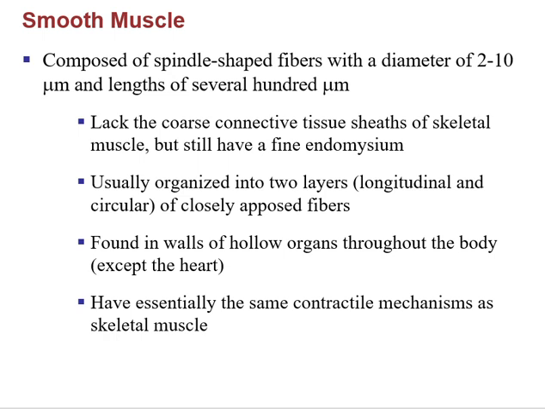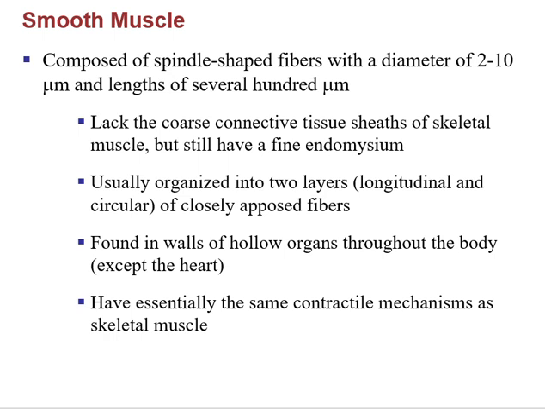They lack the coarse connective tissue sheaths of skeletal muscle, but they do have an endomysium. They're usually organized into 2 layers, a longitudinal and a circular layer, with the orientation of the muscle fibers opposing each other in a perpendicular fashion. Where are they found? They're found in the walls of hollow organs, like the bladder. They're also not found in the heart.